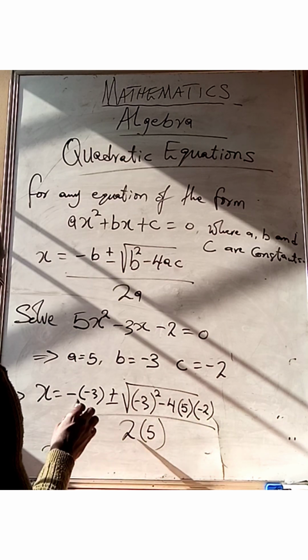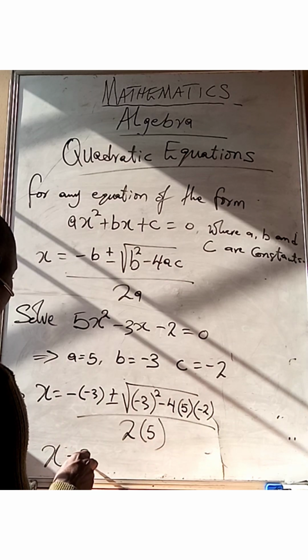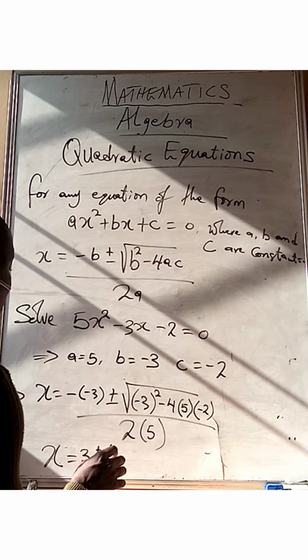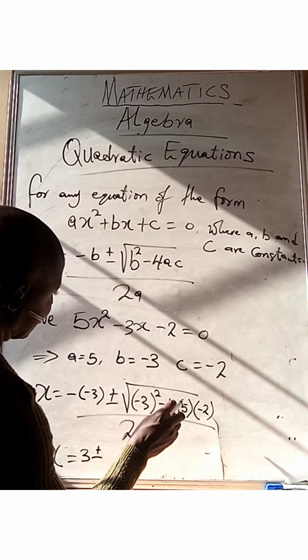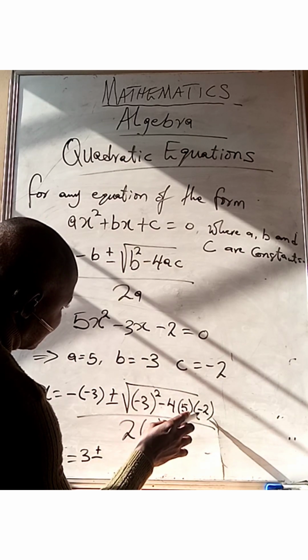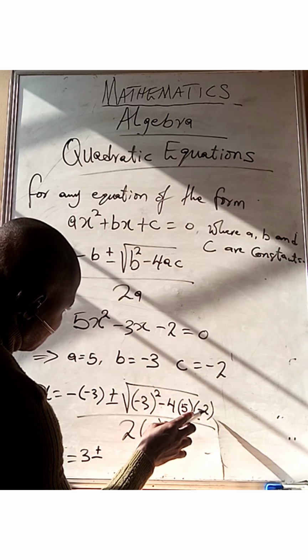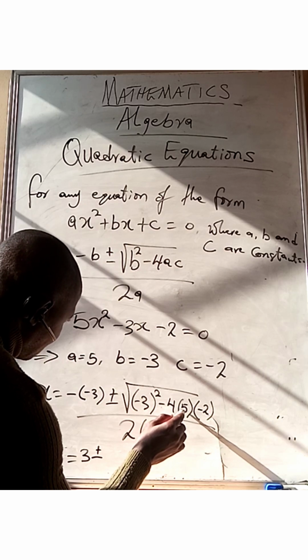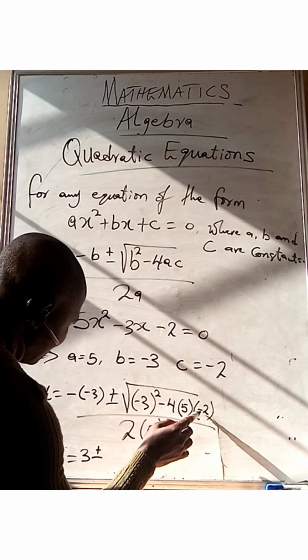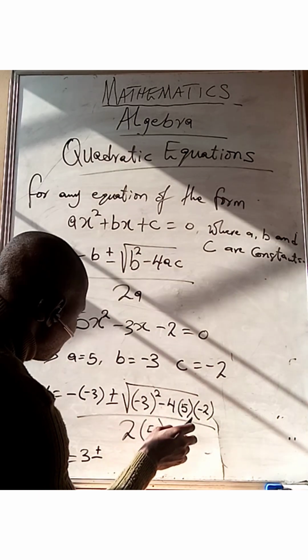So when I simplify this, I'm going to have x equals 3 plus or minus, if I square this I'm going to have positive 9. Because this is negative and this is negative, this is going to give me 40 altogether. This times this is negative 20, times negative 2 will give me positive 40.